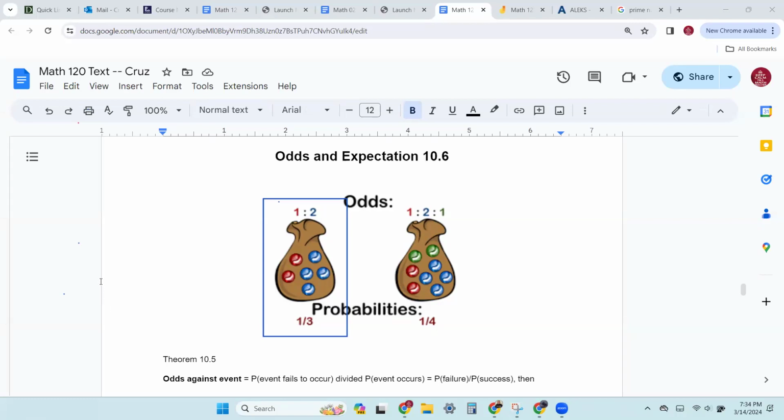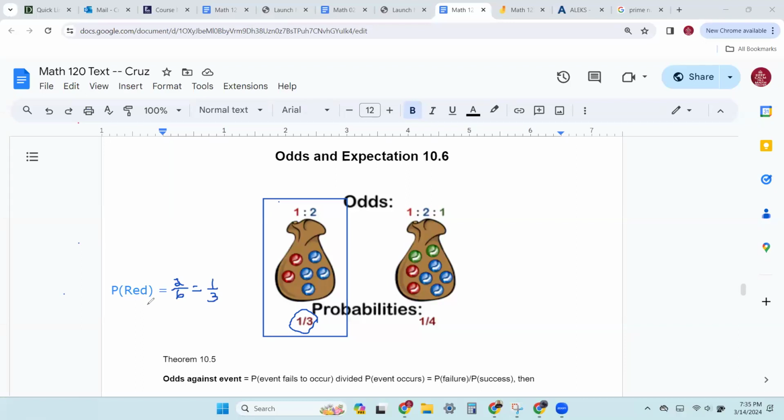So I'm going to write over here, probability of red in that first bag is equal to, all right, there's 2 red in that bag, and there's 6 in the total bag. So 2 out of the 6 are red, and that simplifies down to 1/3. So the probability of red is 1/3. All right. That's the probability.